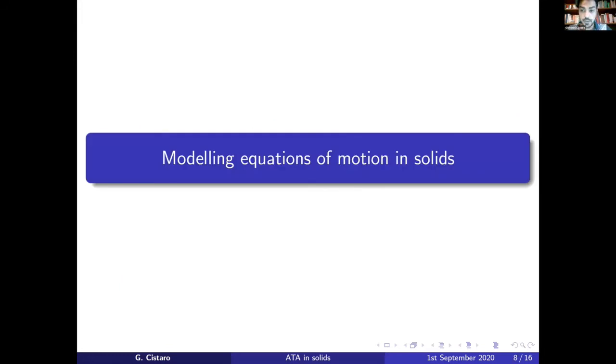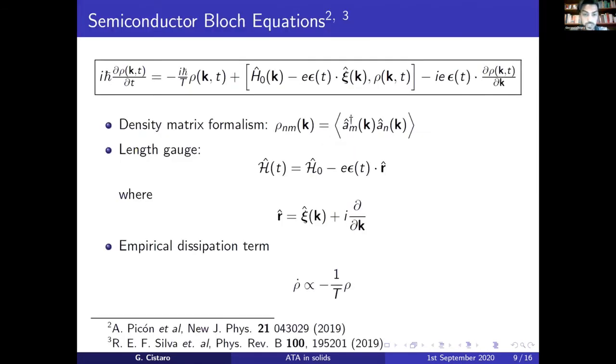So let's see how we are modeling this, the equation of motion. Here we have the equation of motion in condensed matter. We are using the von Neumann equation of motion in k space. We have the density matrix formalism, and in particular, we use the reduced density matrix in k, and we work in the length gauge.